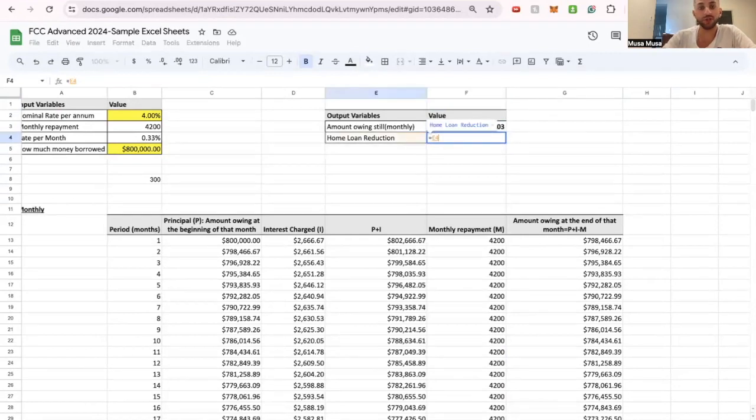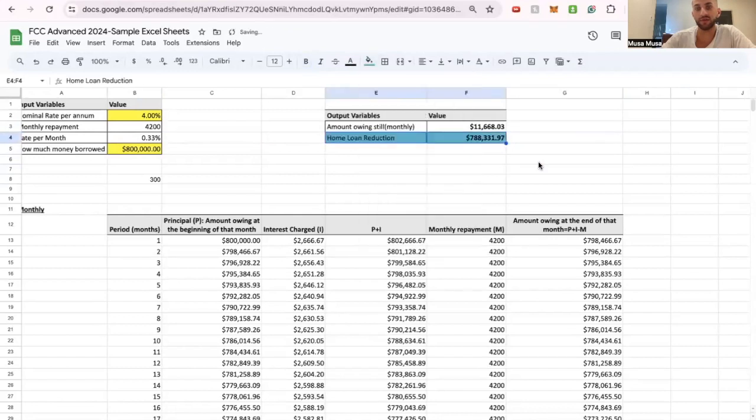The home loan reduction should be how much did I borrow minus how much do I still owe? So it's just that minus that. That's an important answer because that's what your question's asking you to find.